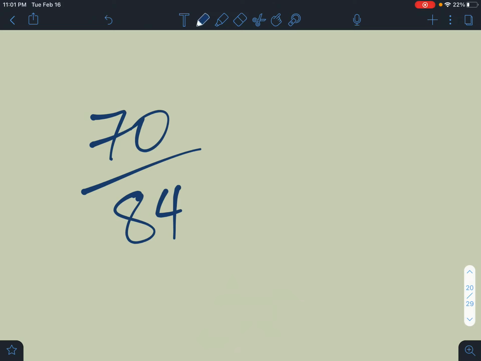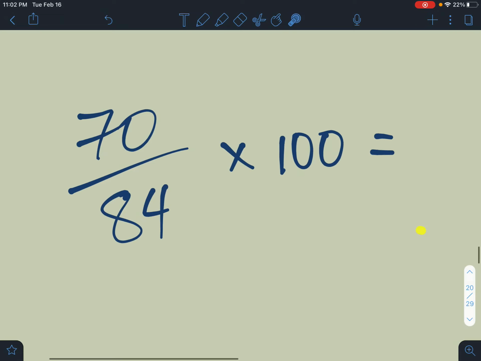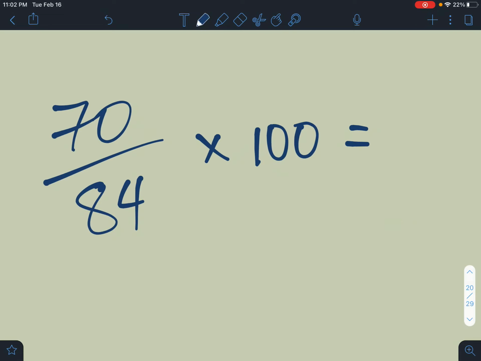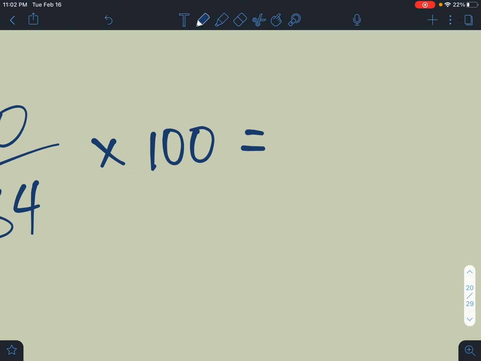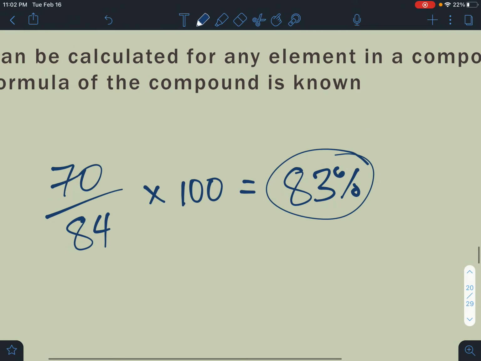When you calculate your percent on a quiz or a test, you divide these two numbers and then multiply by 100. That's how you determine the percent of correctness of what you earn on a test versus your percentage of wrongness. So 70 divided by 84, multiplied by 100, that would be an 83% on a test or a quiz.